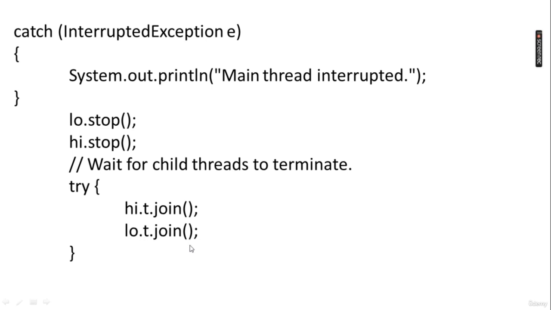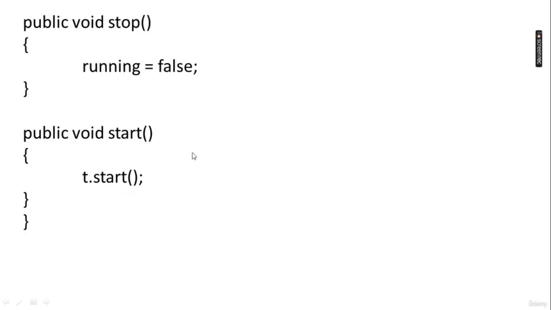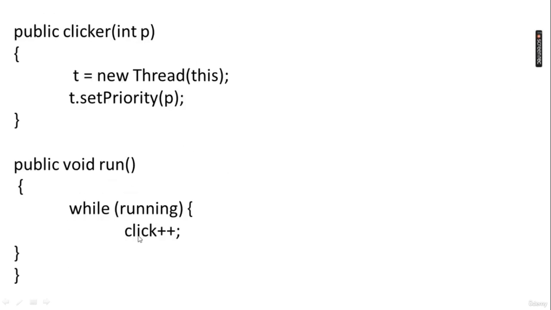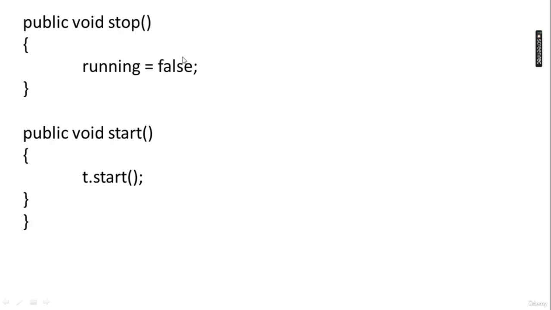First of all, the low priority thread has been started, and it is stopped after 10 seconds. But still, since high priority is the highest priority, it got control of the CPU most of the time compared to low priority. Here we are incrementing the click value while running, and in the stop method we stop the running after 10 seconds.